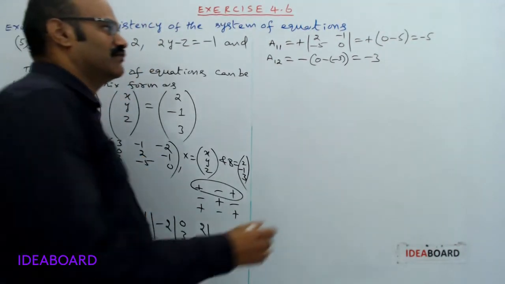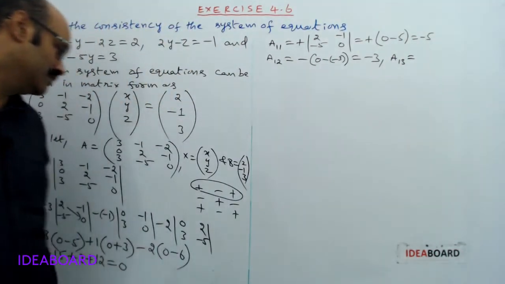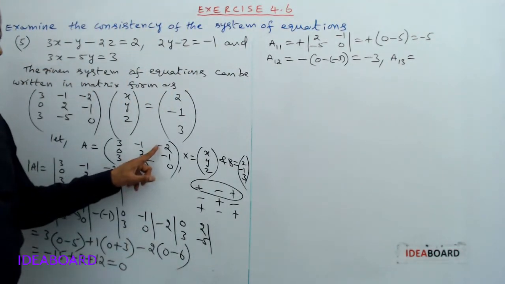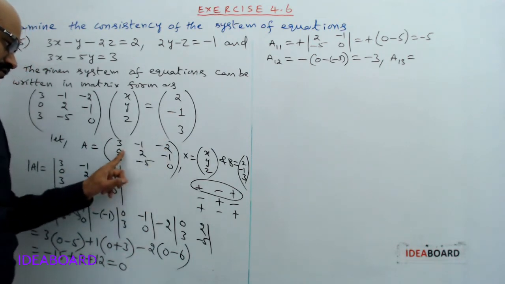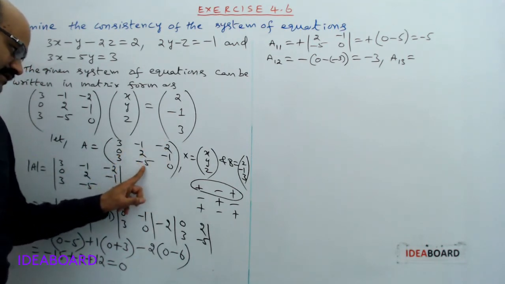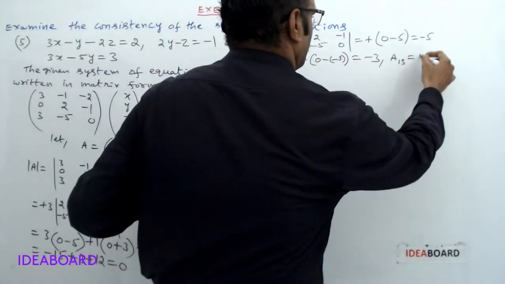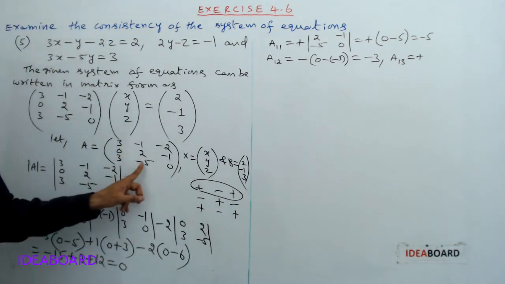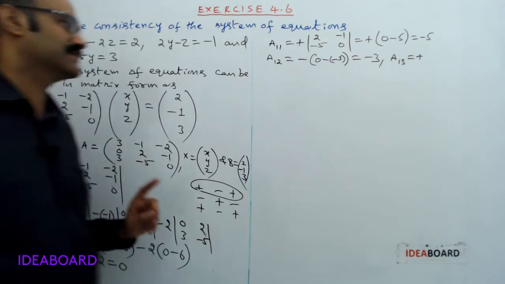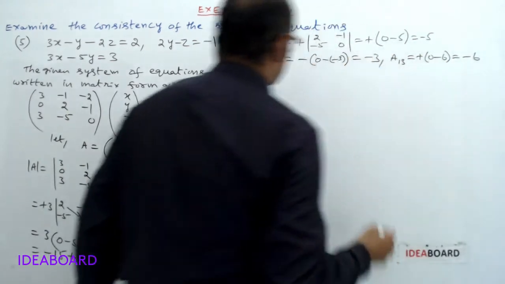Next, A13 equal to the element minus 2 lies in first row and third column. So we have to take these 4 elements in a determinant. We have the sign plus. So 0 into minus 5, 0 minus 6, 0 minus 6 equal to minus 6.